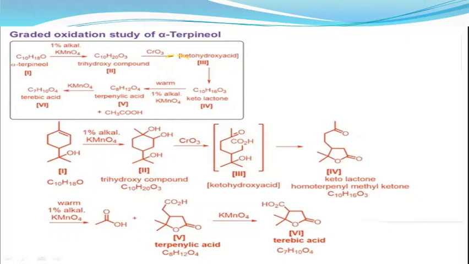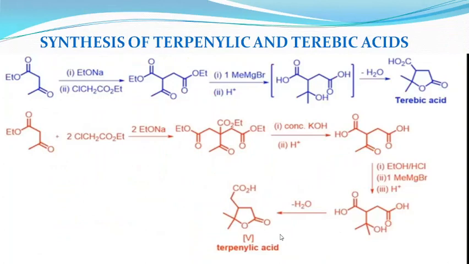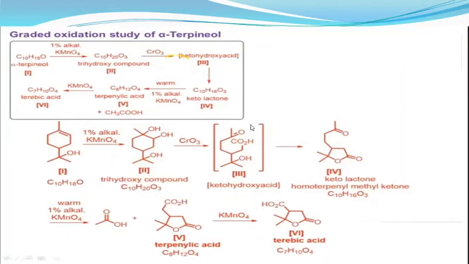But on reaction with sodium hydroxide, it consumed one molecule of sodium hydroxide and converted into a carboxylic acid. This means that it may be in the form of a lactone.